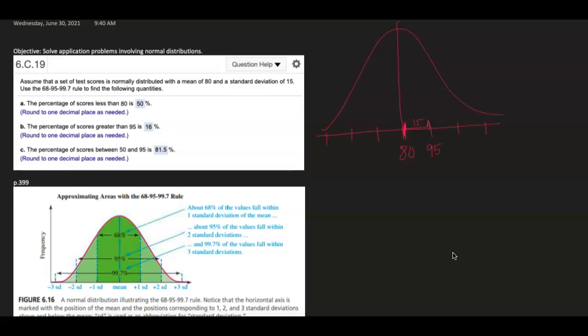And 15 units below, in the other direction, below 80 is 65. And I can keep doing that, adding 15 in this direction and subtracting 15 in this other direction.